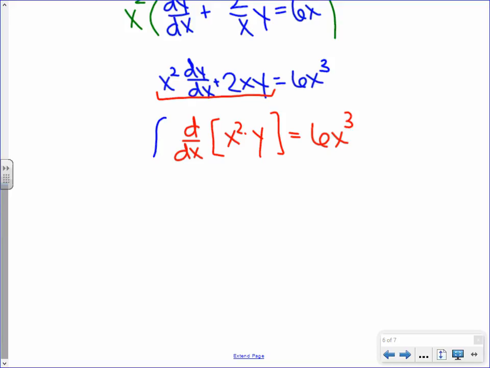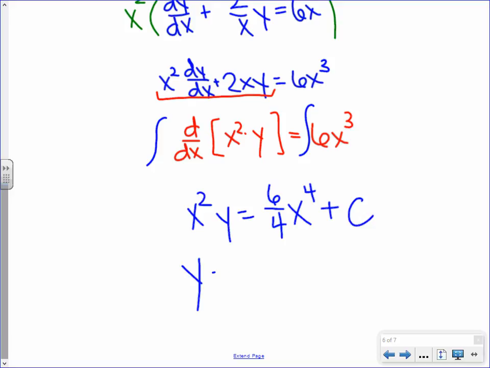Okay, so now we'll integrate: x squared y equals 6 times x to the 4th divided by 4, plus c.